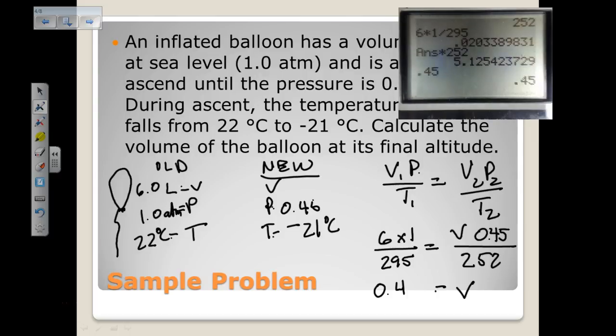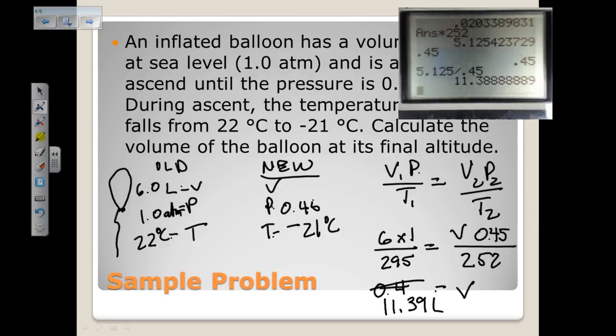Oh wait, it helps if I do the actual math. So we get 5.125 divided by 0.45. So the new volume is 11.39 liters.